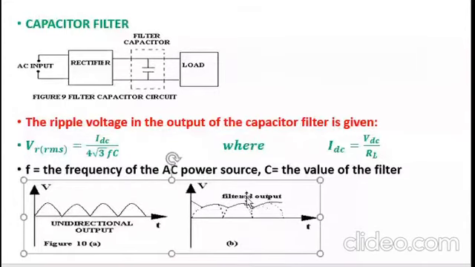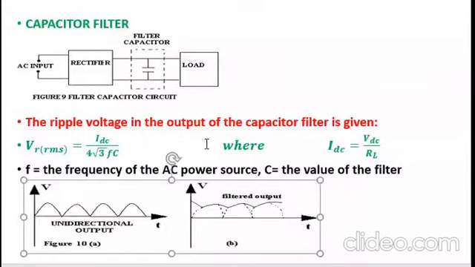So the value of the ripple voltage is equal to IDC, the DC current, all over 4√3 FC, where F is the frequency of the system and C is the capacitance of the capacitor, given in microfarads. Now, what is the value of this DC current?